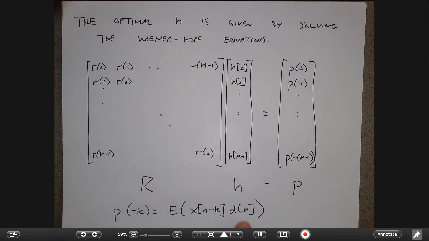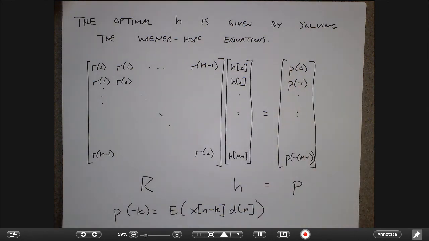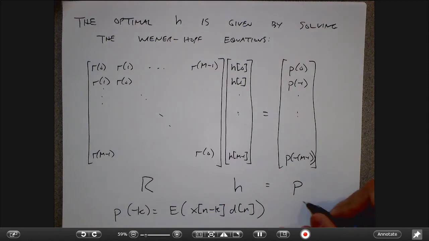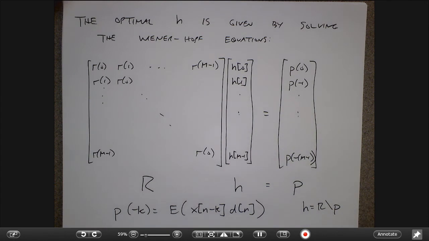And of course, when the desired signal is actually one of the original x's, then this right-hand side also turns into a bunch of autocorrelations, or R's. That is the way we would set up the problem. Then in MATLAB, you would solve it by doing R backslash P, or R inverse P.